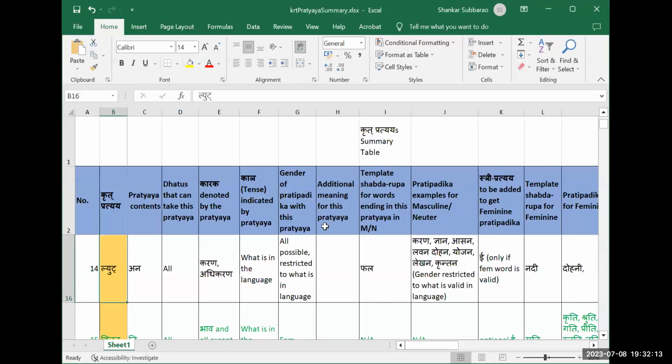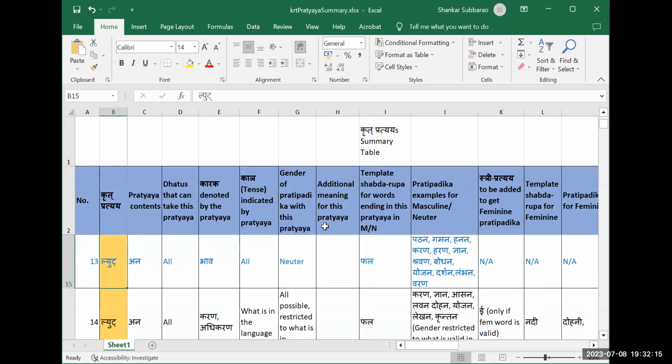Priyanka. Swamiji, in the Excel sheet of pratyayas, hence lut, can we add bhave? It's always bhave, right? One second. Bhave is always there, but it can be karana, adhikarana also. Look at lut, right?